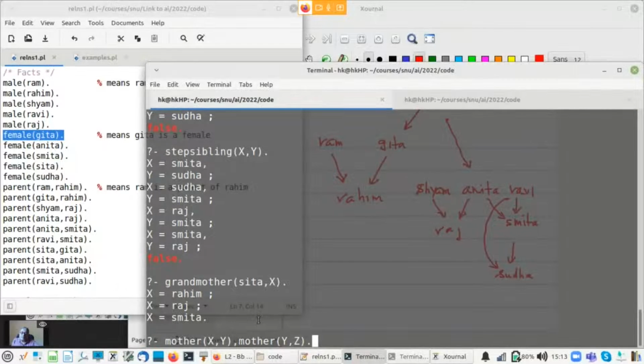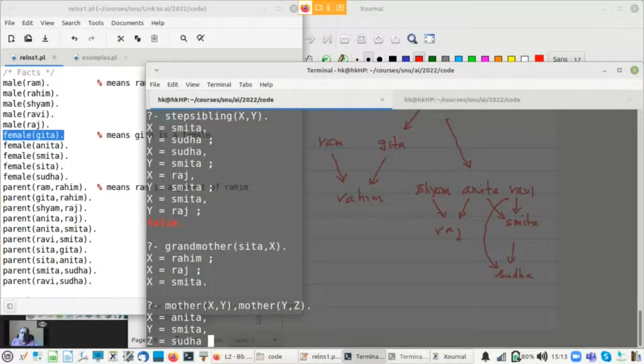Okay, so now you're getting this relation Anita, Smita, Sudha. Anita is the mother of Smita, Smita is the mother of Sudha, right? You're getting this relation. So basically, this is another way to write Anita is the grandmother of Sudha.